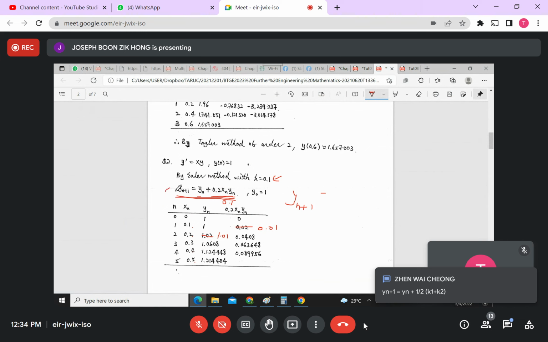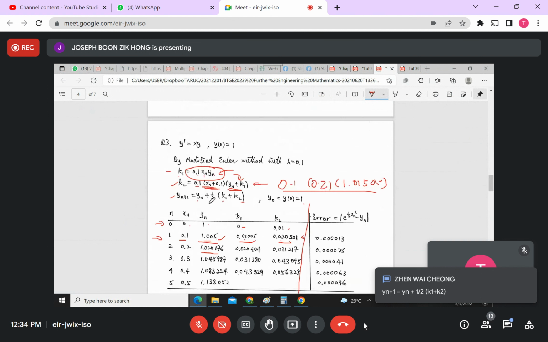No matter Euler method or modified Euler method, the formula is always the same. But because of the modified Euler method, your K1, K2 will be changed, so that's why your yn plus 1 also will be changed. But the formula is set there. Every question will be different, but for the modified Euler method, it's always this formula.